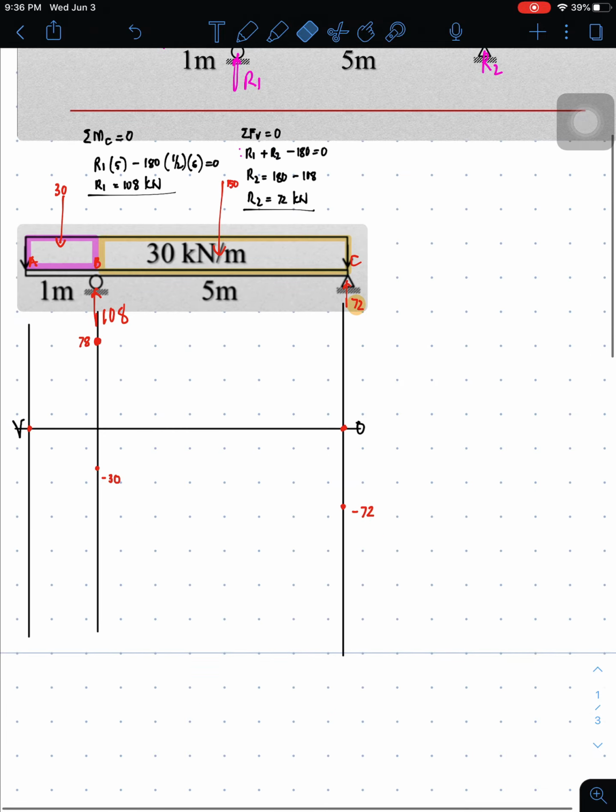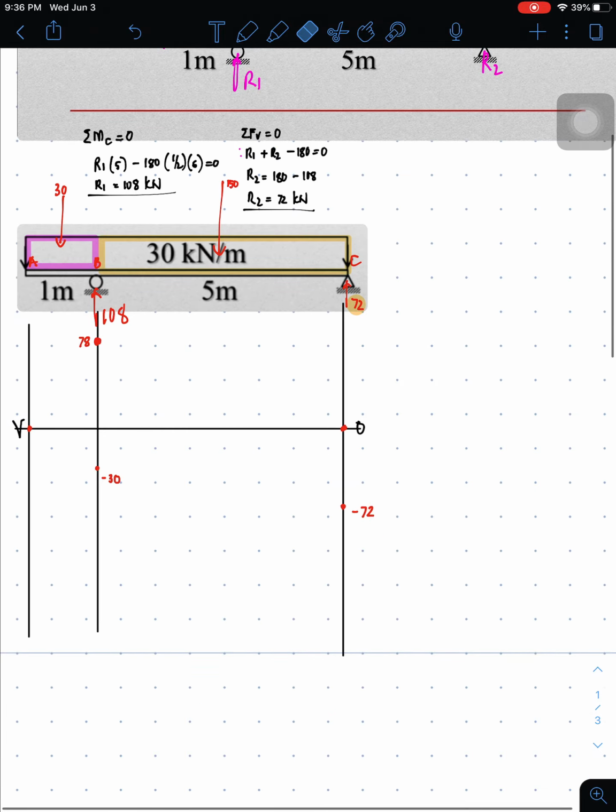Since it is 0 degree here, the next curve is first degree. I hope you saw that. And then of course, just connect the two points with a vertical line. Connecting 78 and negative 72, looking at these values, the slope is 0 degree. So since it is 0 degree, we can connect with a first degree line from 78 to negative 72.